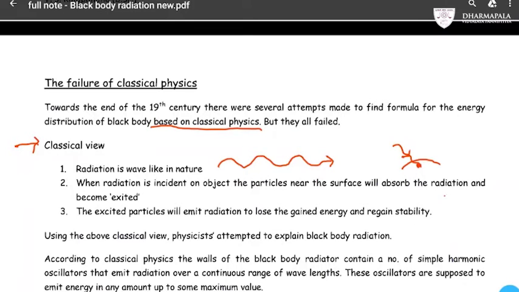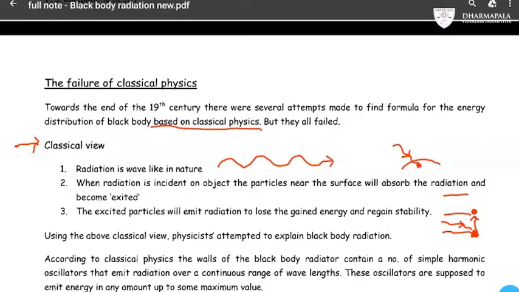Like electrons, these atoms also have energy levels. This is the lowest energy level. By absorbing energy, these particles can enter a higher energy level, depending on the amount of energy that they have absorbed. So this is the basics about waves according to classical physics.